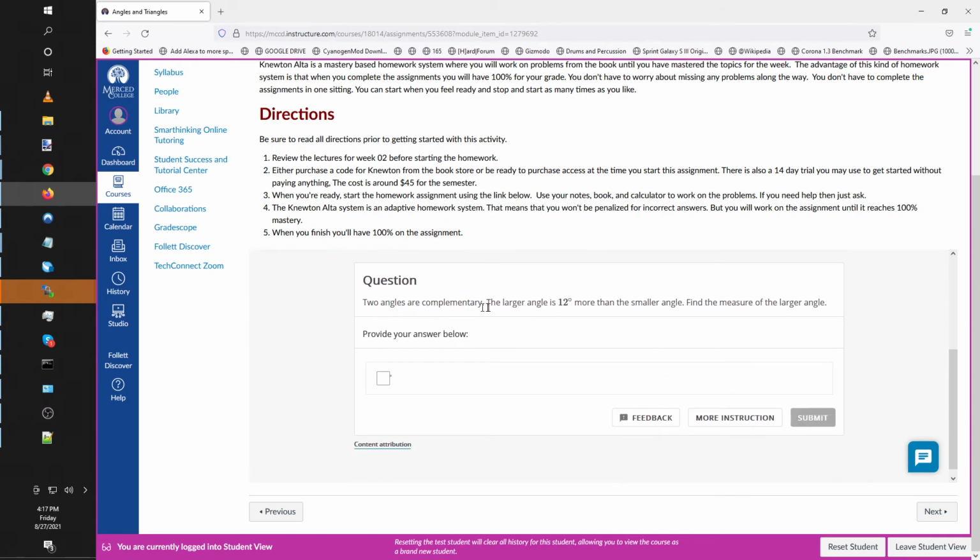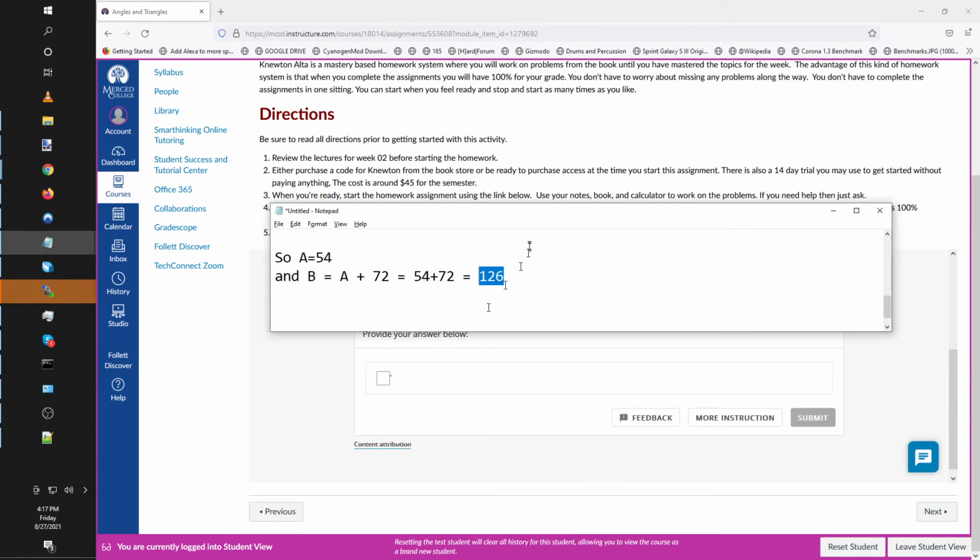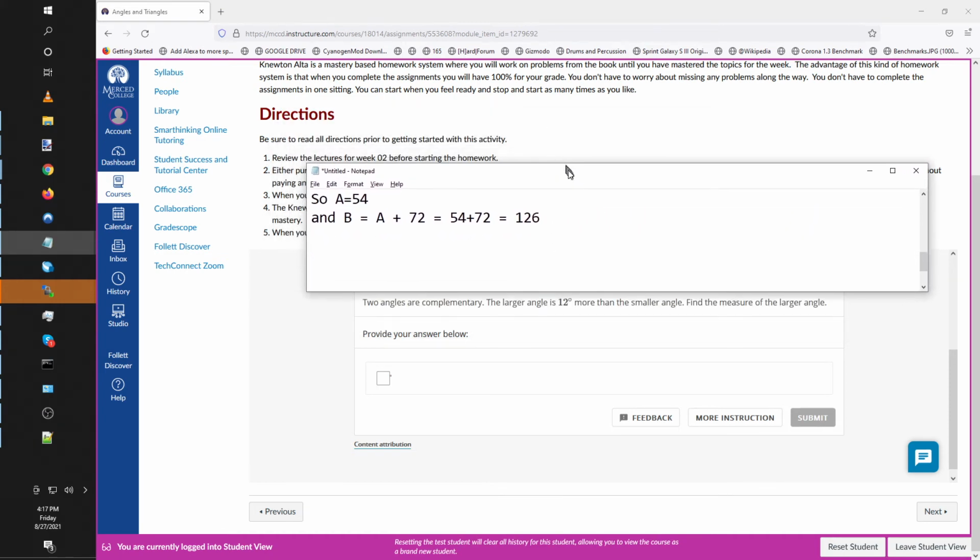All right. Here's another question. Almost the same kind of question, right? We can do this one pretty quick. Two angles are complementary. That means they equal 90. The larger is 12 more than the smaller. Find the measure of the larger angle. So same kind of work, right? You get 2a plus 12 equals 90.